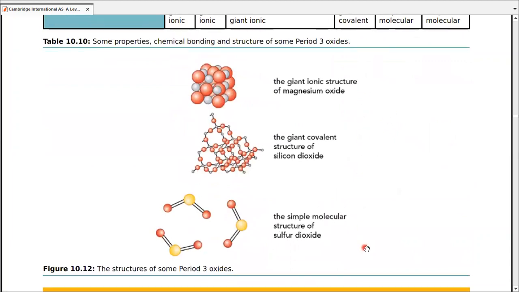If you look at these structures, that's how a giant ionic structure or lattice is supposed to be: an alternate arrangement of positive and negative ions in fixed positions with very strong bonds, having strong electrostatic forces of attraction. This is the structure of a giant covalent molecule, extended throughout in all three dimensions, giving a huge structure. That kind of structure is very difficult to break and dissolve, so of course it would be insoluble in water.